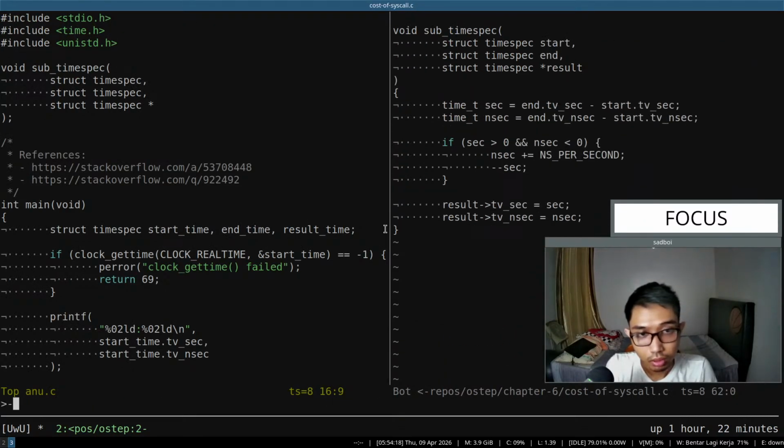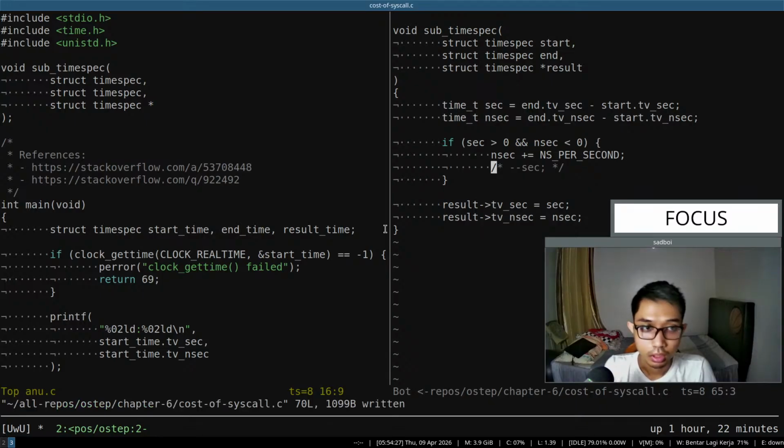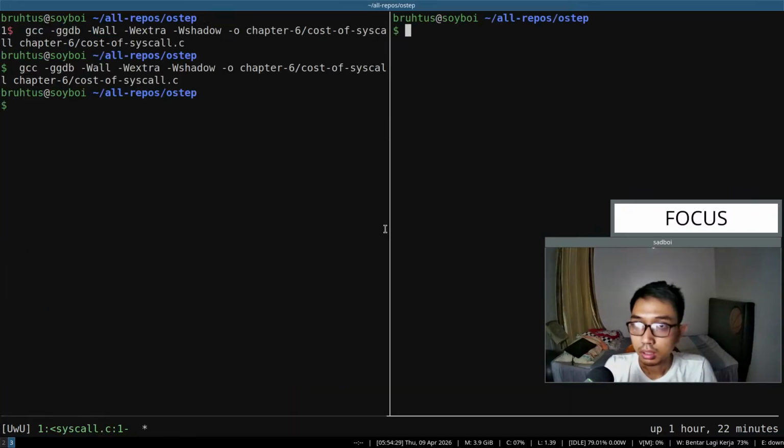That makes me curious. What happens if we don't do this? Do not decrement the second.